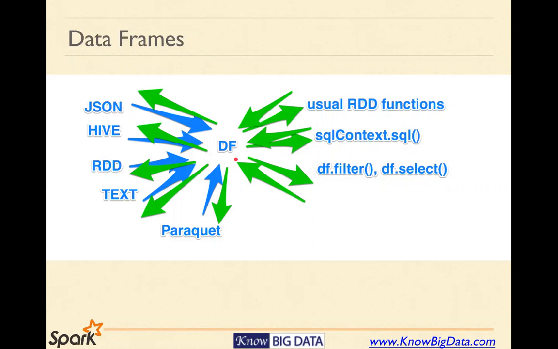A data frame can be created out of RDD, and can also be directly created from JSON, Hive, CSV, XML, and so on.